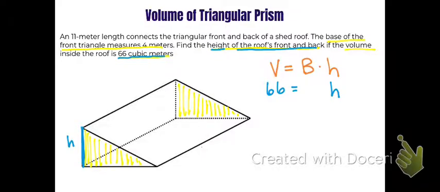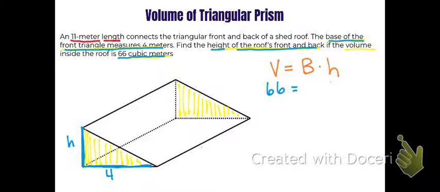Well, do we know the base length of a triangle? Let's look. It tells us the base of the front triangle is 4. What other information are they giving us? What does this 11 mean? It says the 11-meter length.